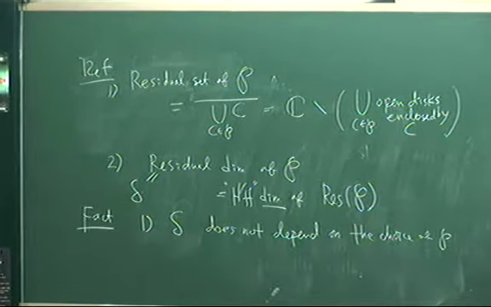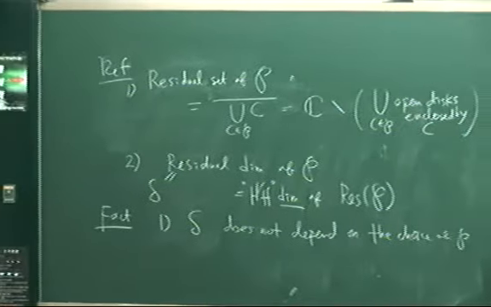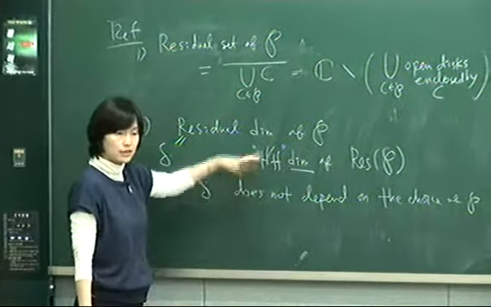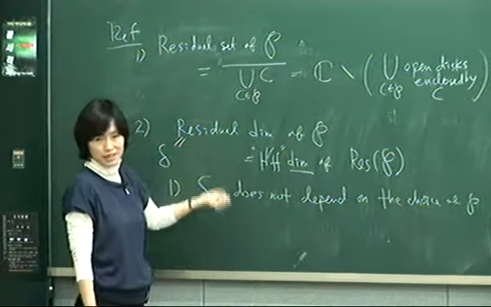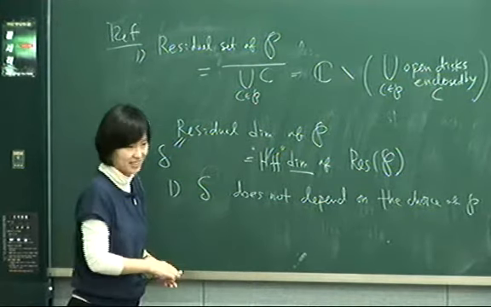It depends on which 4 mutually tangent circles I start with. So I could have this packing, or this packing, or a packing like this. But this delta, the residual dimension, is an invariant of Apollonian circle packing. It does not depend on the specific choice of packing. Why is that? Can somebody see this?